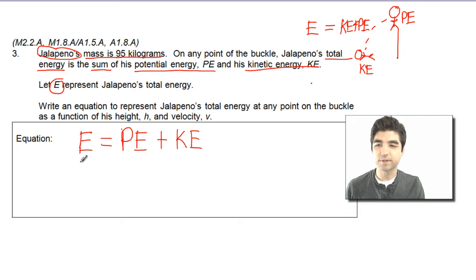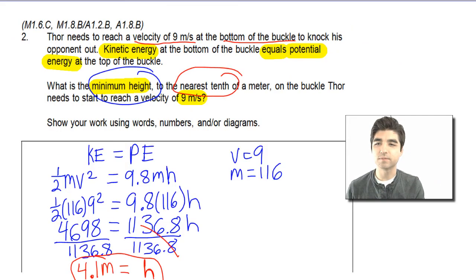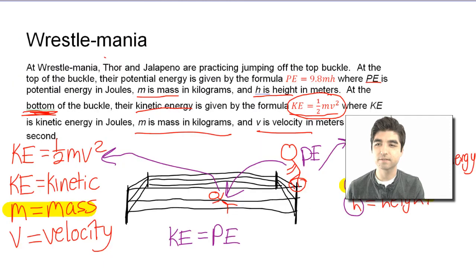So then we can replace our PEs with our equation for potential energy, which is on which slide was that? At the very beginning? Yeah. So potential energy equals 9.8 times mass times height, and kinetic energy equals 1/2 mass times velocity squared.